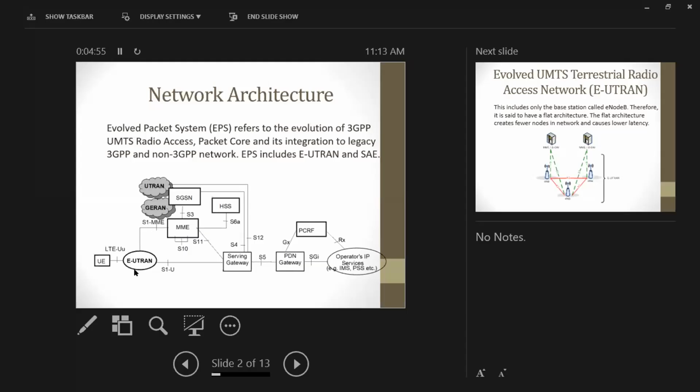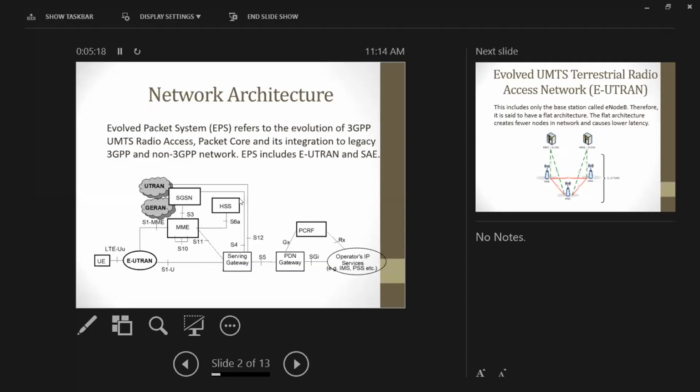So the base station has a separate connection to these two entities. In the case of 2G or 3G, this kind of separation of control and user data handling was not there in the core network part.